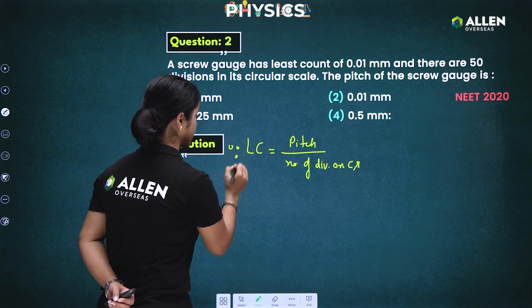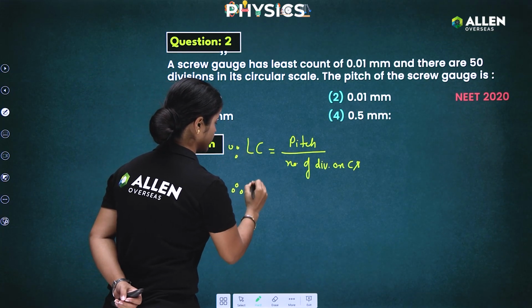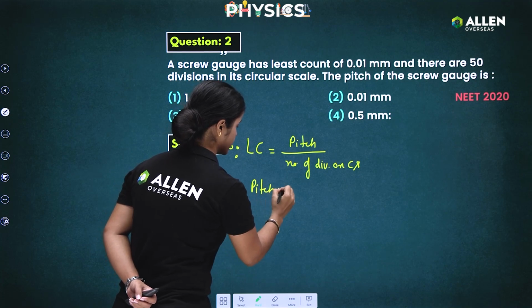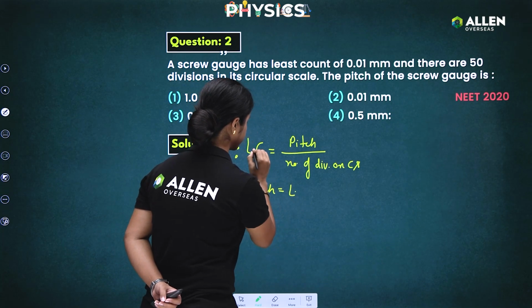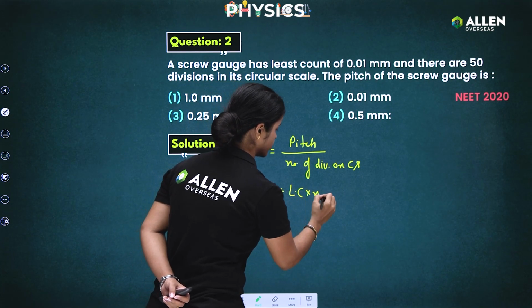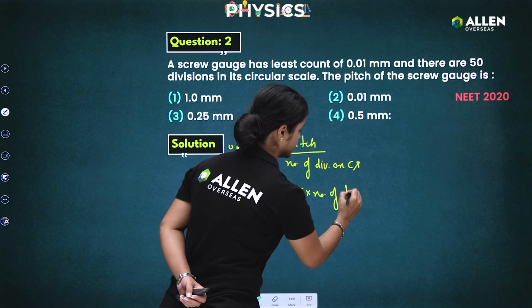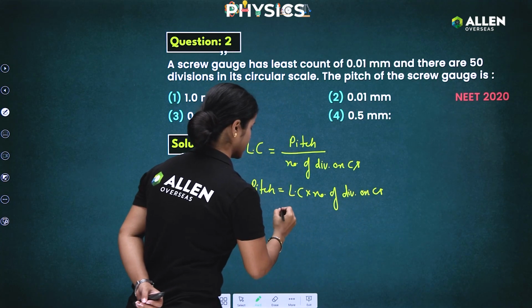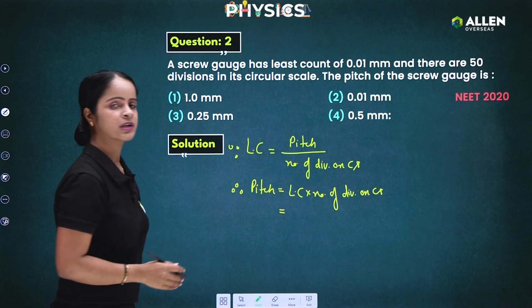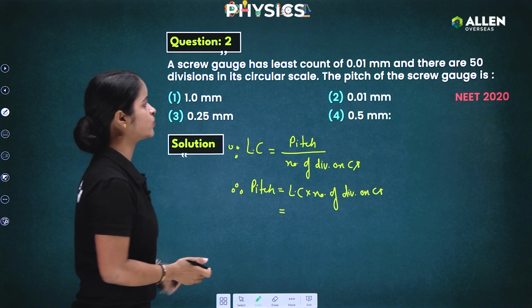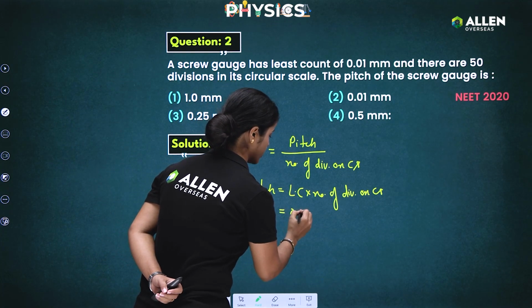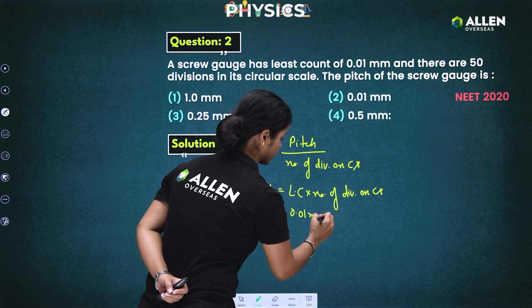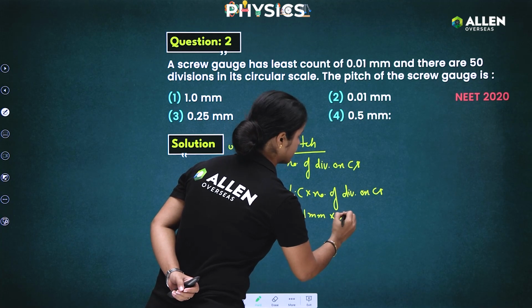Therefore, we can easily write here pitch is equal to least count into number of divisions on circular scale, right? Now, what is the value of least count that is given in the question? It is 0.01 mm. Multiply this with 50.